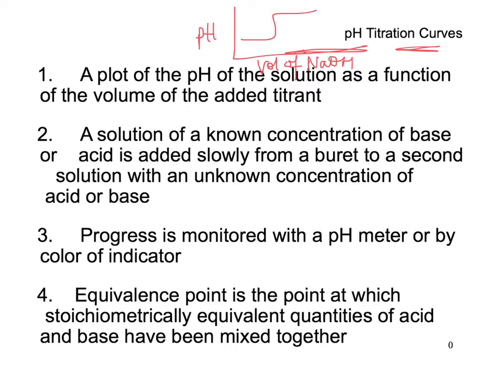But realize that the progress will be monitored using a pH meter, which is a more sensitive and obviously more expensive method of determining the pH as well. And so let's take a look at some of the pH curves here.